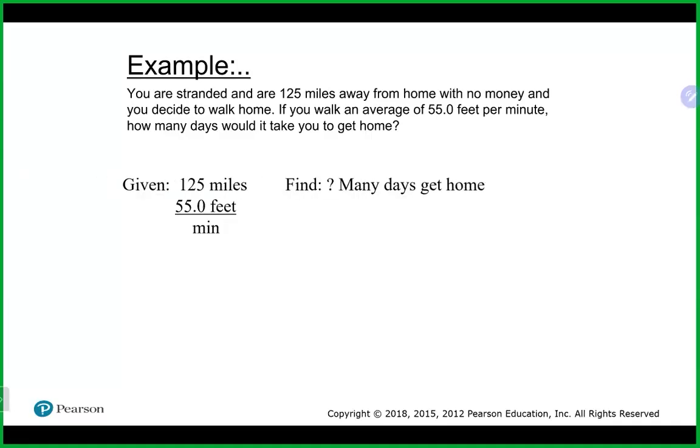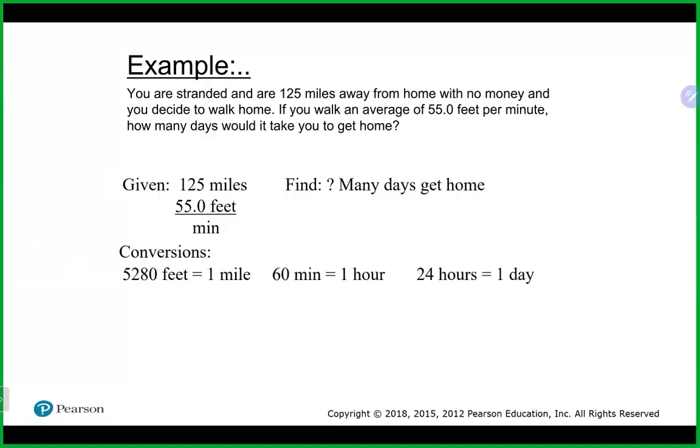Okay. All right, so some equalities that might be helpful for you. So set it up, dimensional analysis, figure out how many days it's going to take you to get home. So let's take a look and see. So kind of a similar situation to one we saw a second ago. Here we have a distance that's in miles, and we have a rate, which is basically a distance over time.